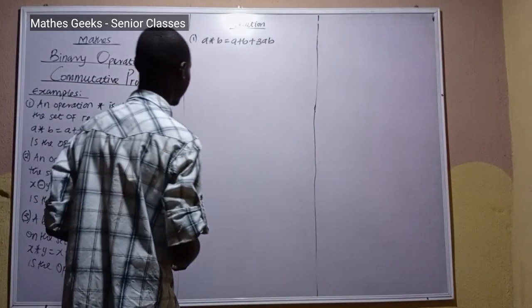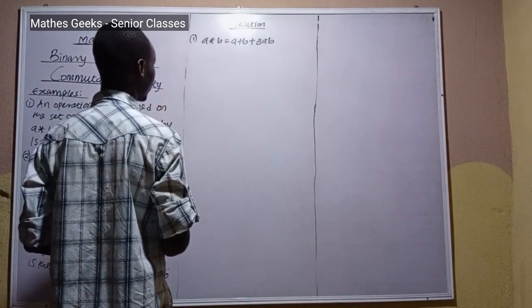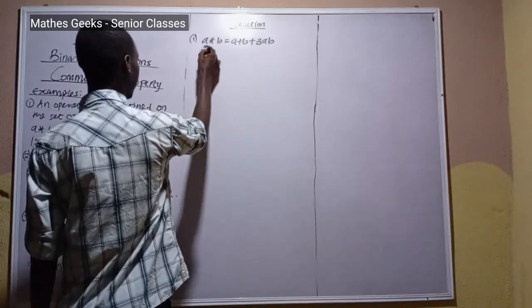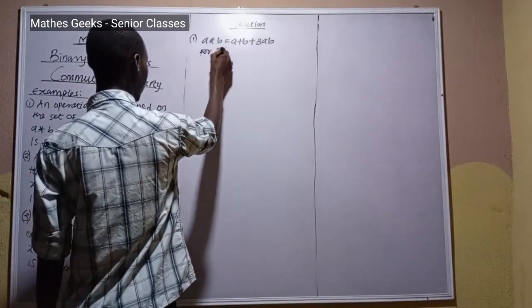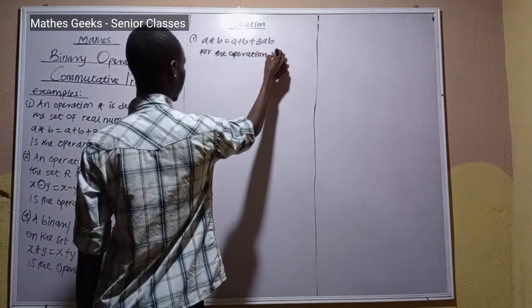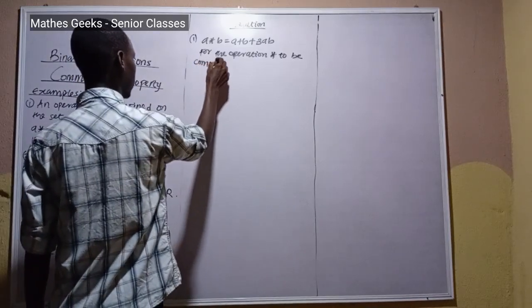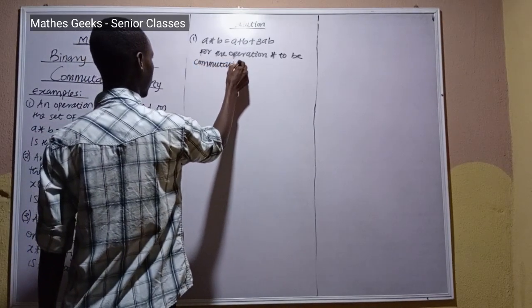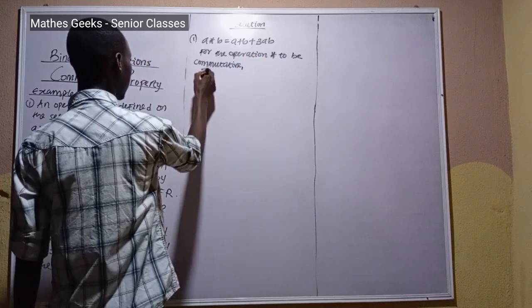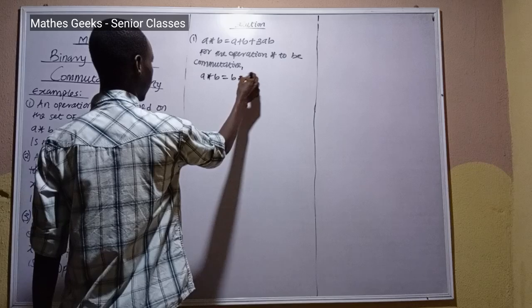Well, for the operation star to be commutative means that A star B must be equal to B star A.